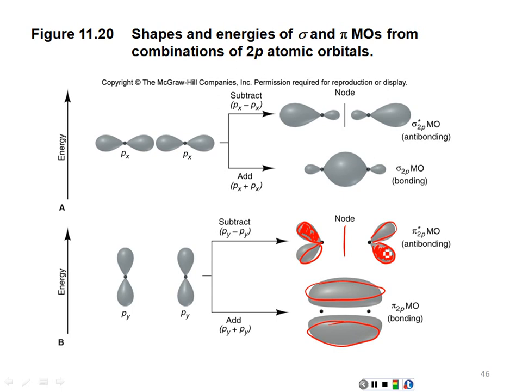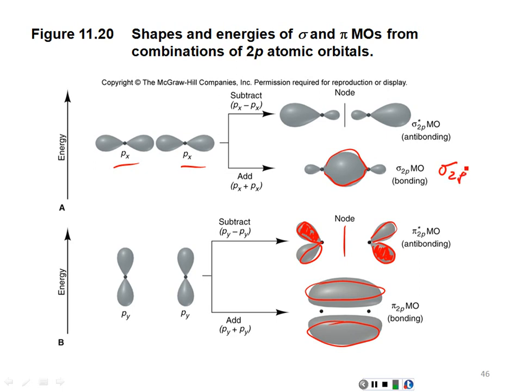Now if we look at the 2px atomic orbitals, they do have an end-to-end interaction. So the bonding molecular orbital would look something like this. Again, that density is along the bonding axis, so it's going to be a sigma bond, and we call this molecular orbital sigma 2p.